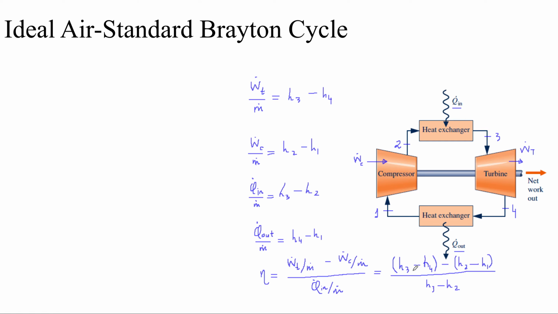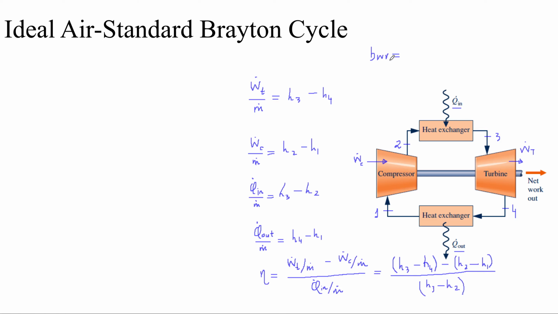So the enthalpy form of the thermal efficiency is given as it is here, and one other important variable, which is known as the back work ratio, needs to be defined as well, just as it was for the vapor power plant.